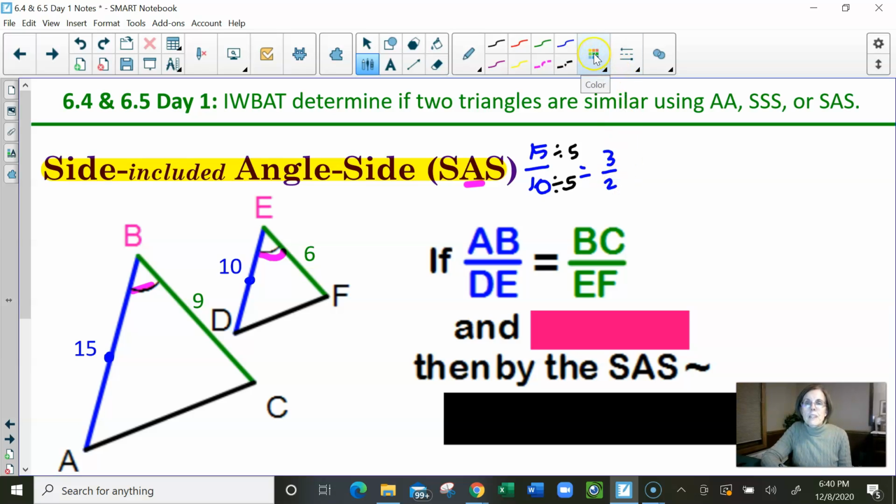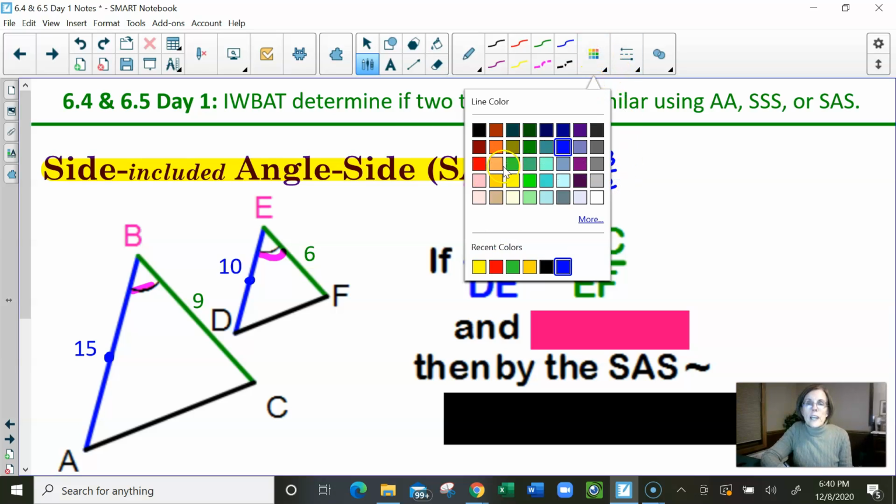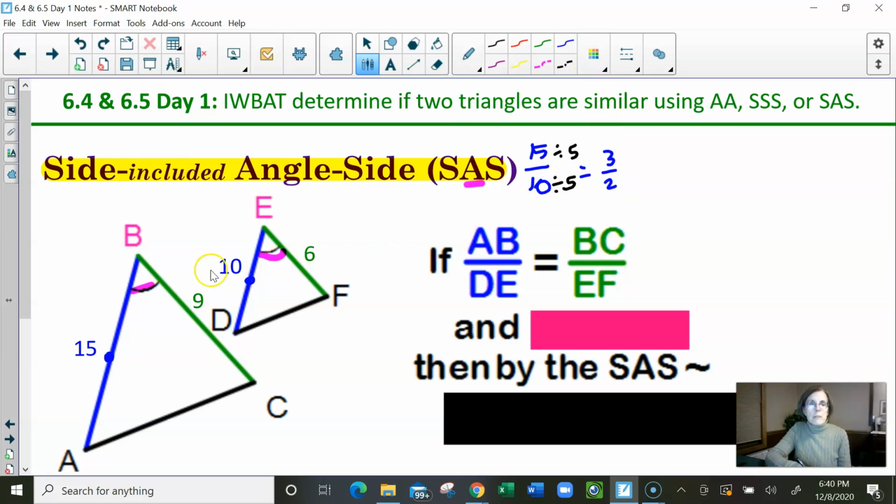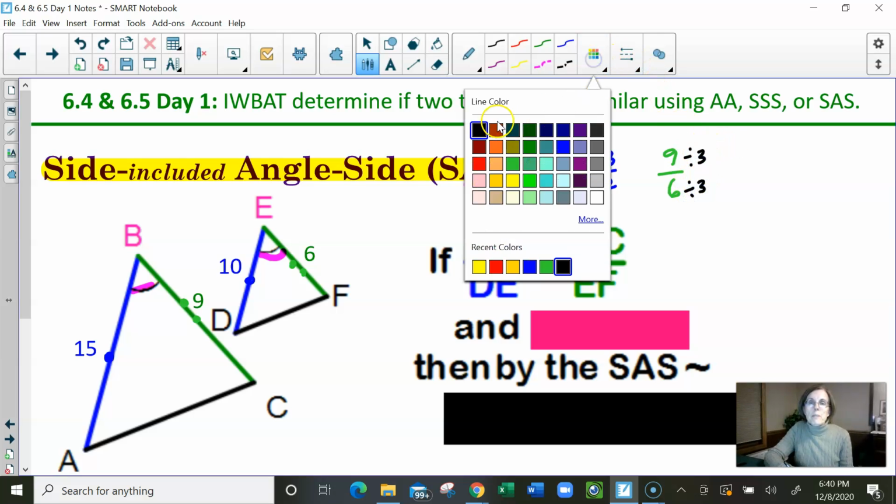Three halves. And then let's look at BC, which is 9, and that corresponds to side EF, which is 6. Well, can we divide top and bottom by something here to reduce it? Divide it by 3.